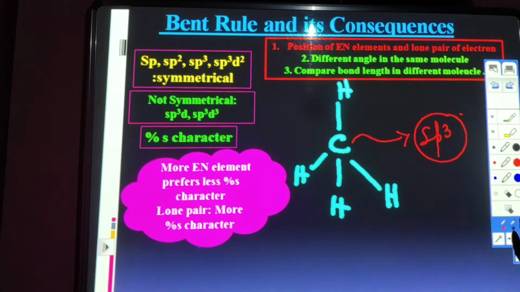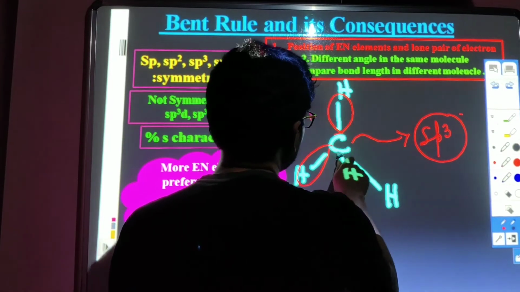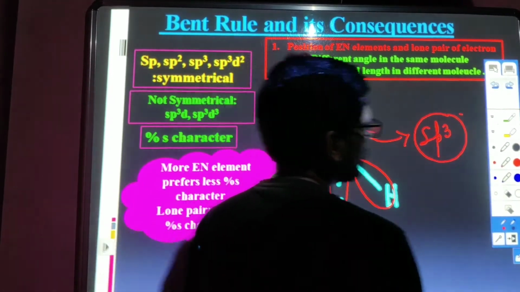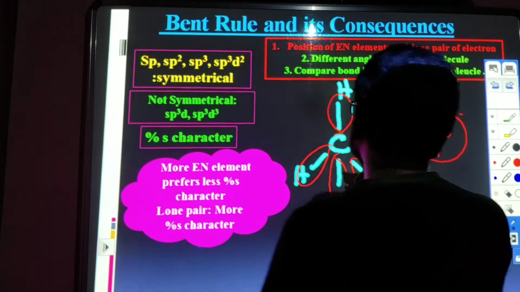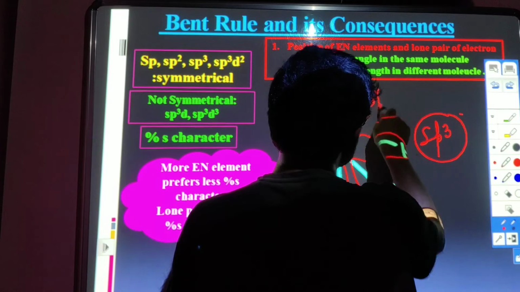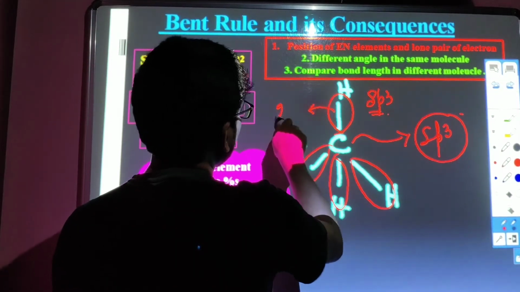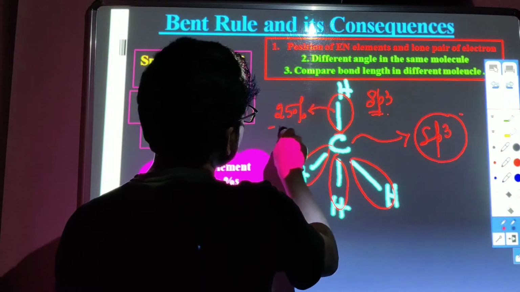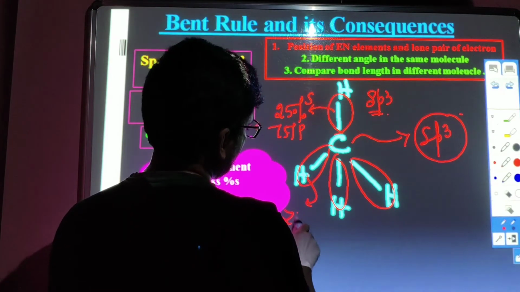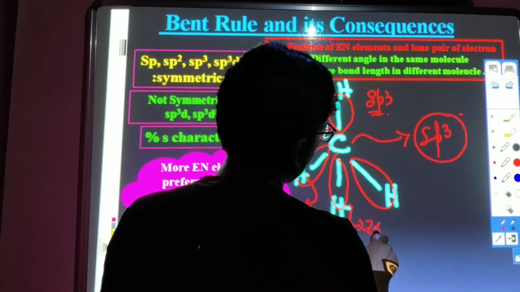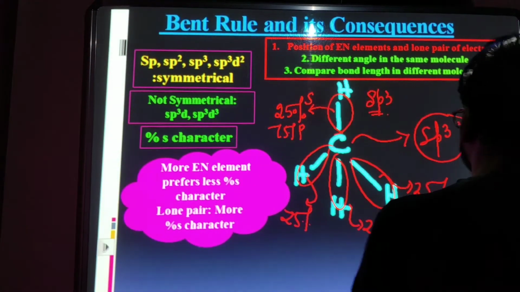That means 4 sp3 hybridized orbitals. Now if I ask you, in these sp3 hybridized orbitals, what is the percentage of s character? Sir, 25% s and 75% p character. Here also 25%, here also 25%, and here also 25%.